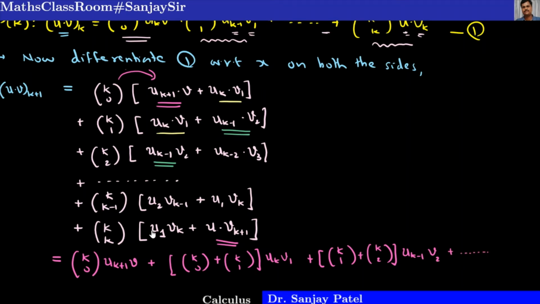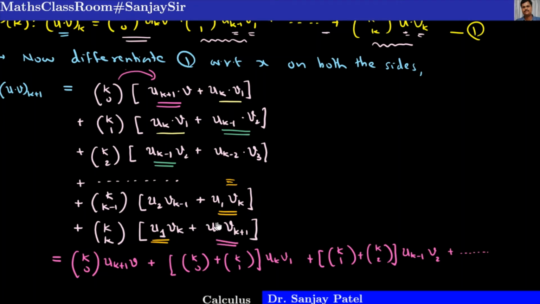Now let us concentrate on these last terms. So what I am going to look at here is this term u1 into vk and u1 into vk. This term will go with this previous term over here, but that we are not writing. We are writing just these two and the last term separately.